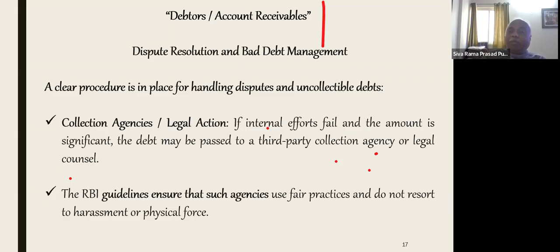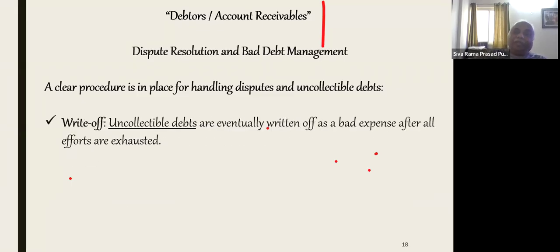A clear picture is needed in handling disputes and uncollected debts, and the RBI guidelines are also like that. Write off, but only in certain cases where the debtors are not recoverable, for example the purchaser or buyer died and no assets are there.